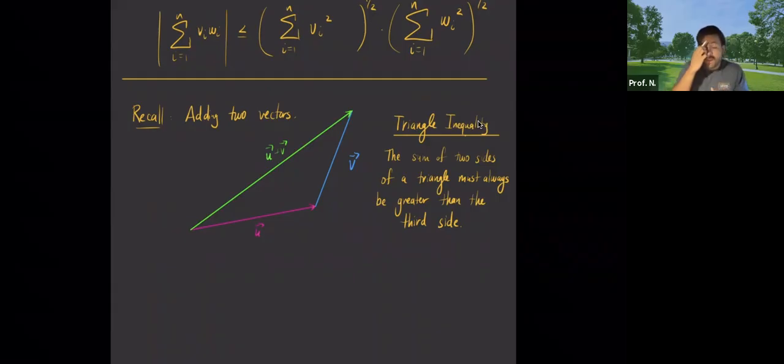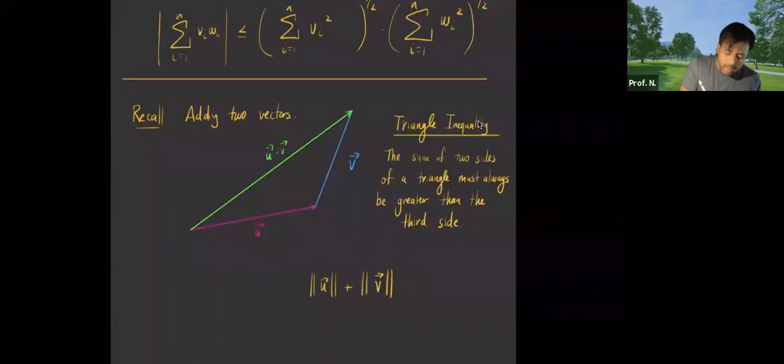So then how can I represent that using vectors and using norms? So what I'm saying is if I have the length of u, which is the norm of u, and I add this to the length of v, then this must be bigger than the other side, the length of u plus v.